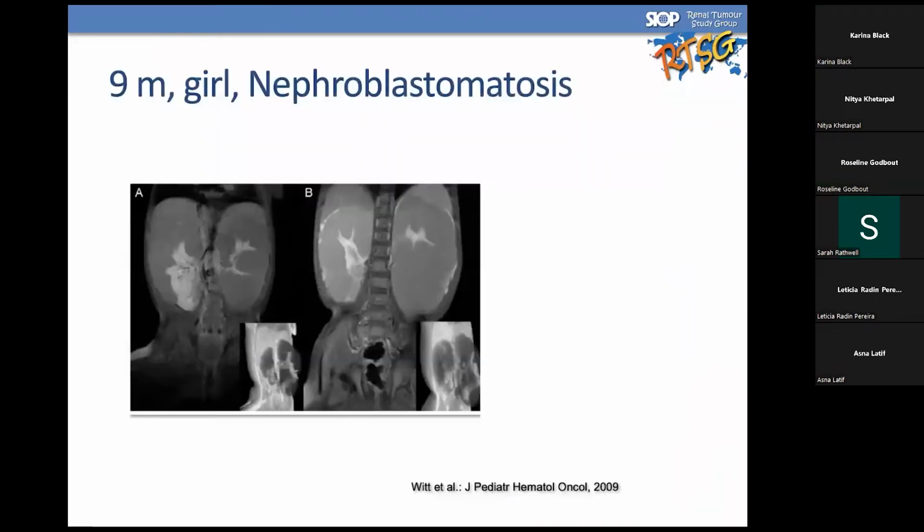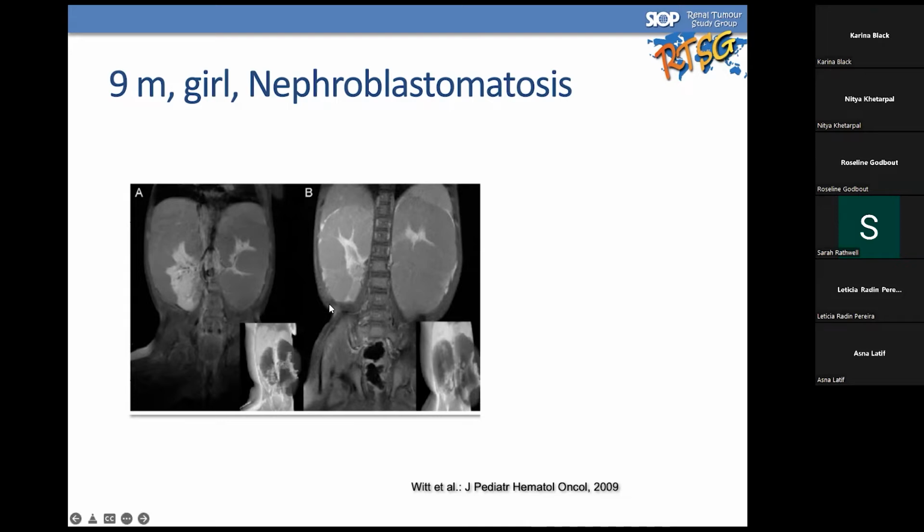I will show you one case of a 9-month-old girl who was diagnosed with nephroblastomatosis on both sides, so huge kidney tumors on both kidneys in this small child. This child was treated according to the protocols that were available at that time, more than 10 years ago.